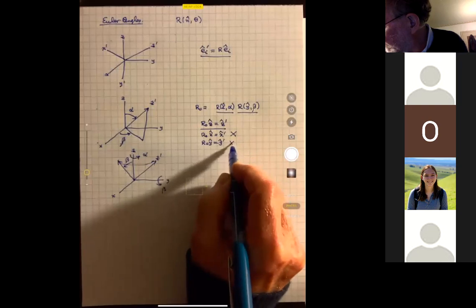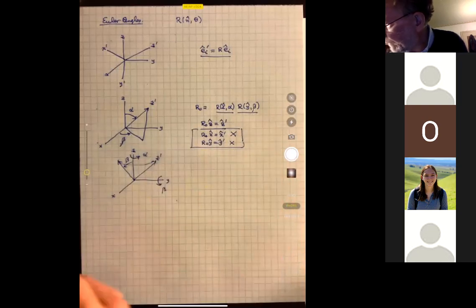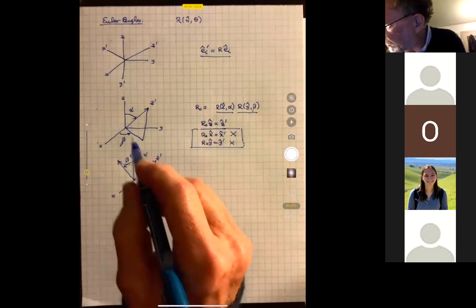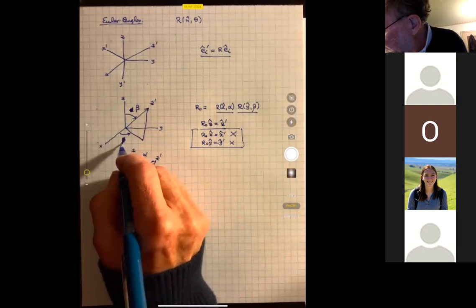Sorry, I just have a question. Yes, go ahead. I'm having a hard time seeing why alpha and beta are not switched. It seems like beta is the distance from the z-axis. Well, thank you so much. You have such eagle eyes, because I got them backwards in this picture. This should be a beta and that one should be an alpha.